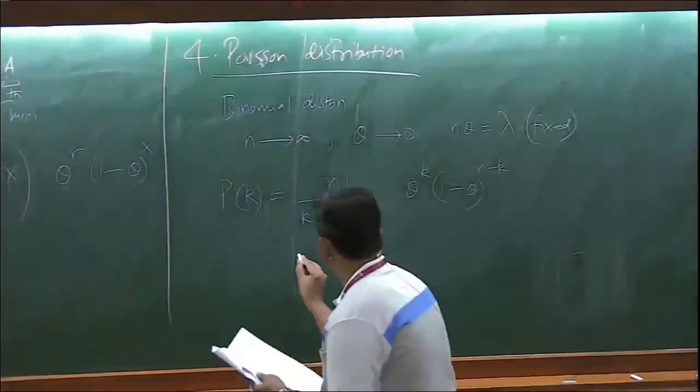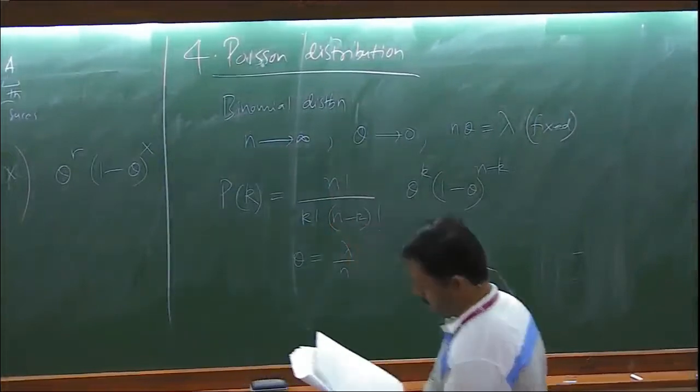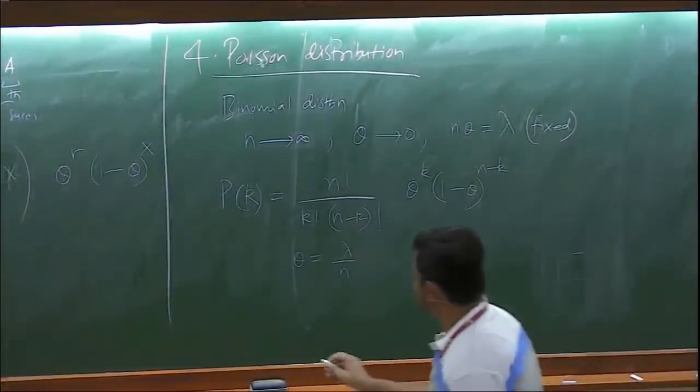Okay, so lambda is fixed. Therefore, by definition, theta will just be lambda by n. So put that back in there and get the expression for P of k.